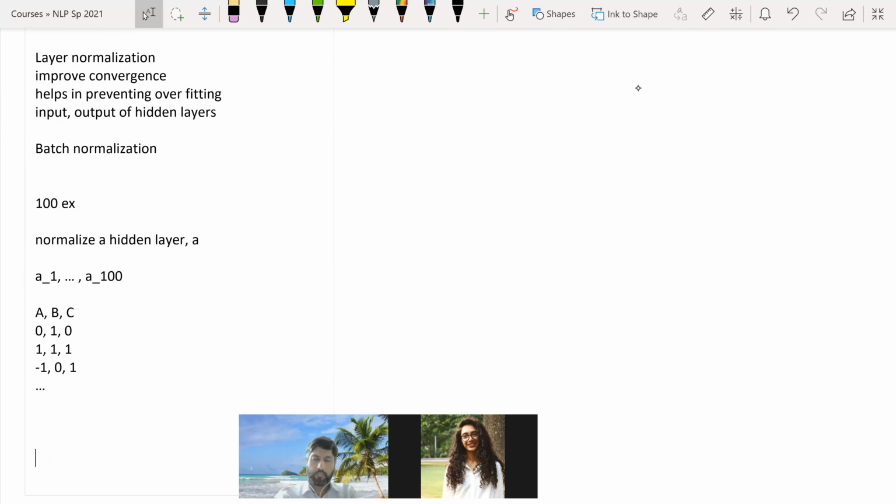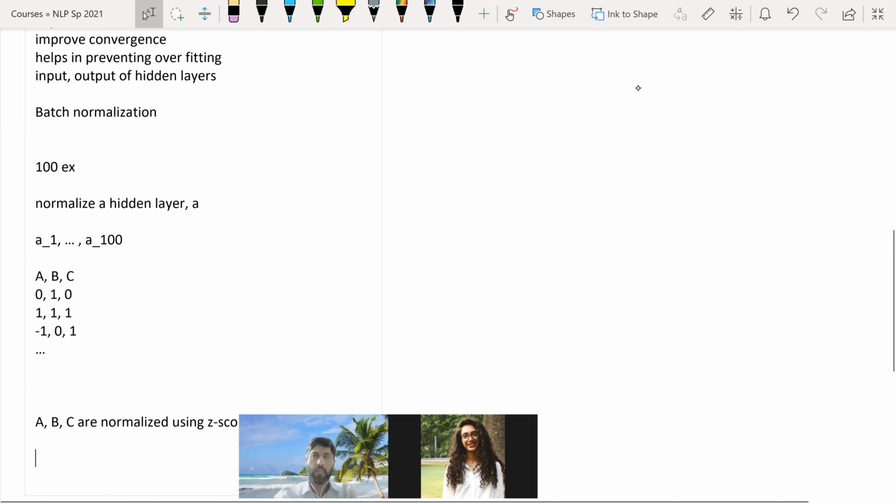So A, B, and C are normalized using Z-score normalization. By the way, did I explain Z-score normalization in this course? I think I did not.